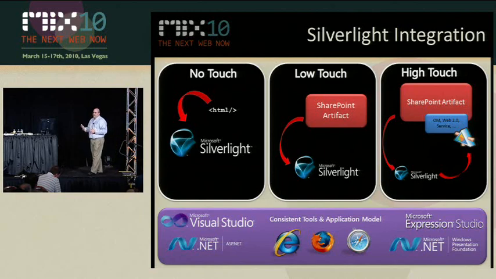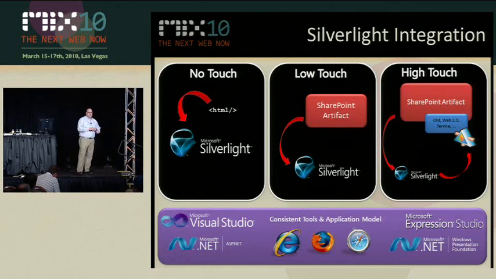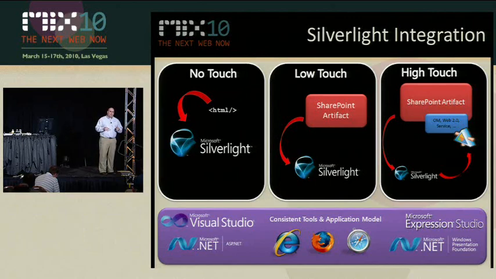Maybe you've uploaded your XAP file to a document library. Maybe it's in your master pages collection library. It's someplace in SharePoint, and then you can reference that using the built-in Silverlight control that ships with SharePoint. So just copy your XAP file up to a document library, add a new Silverlight web part, and point it to where you copied that XAP file.